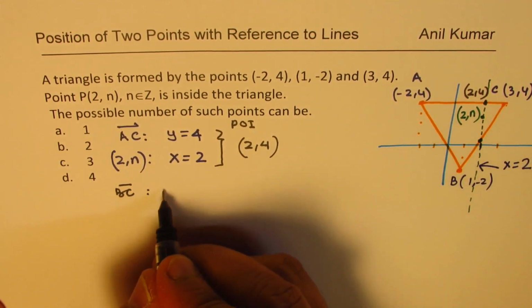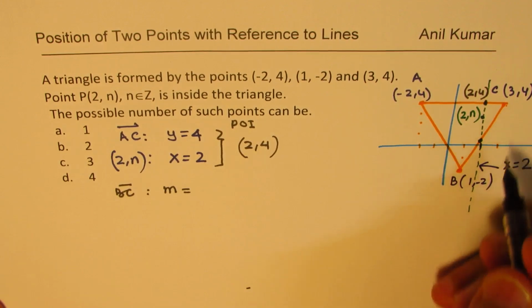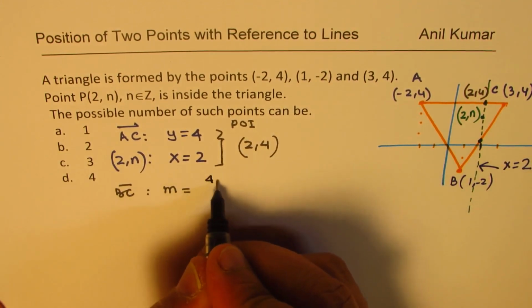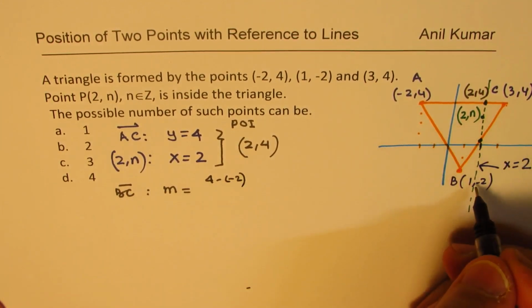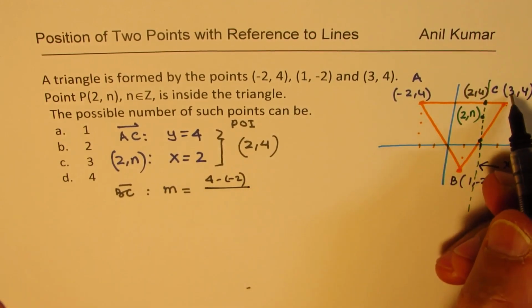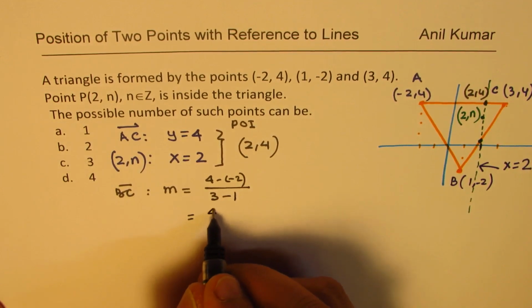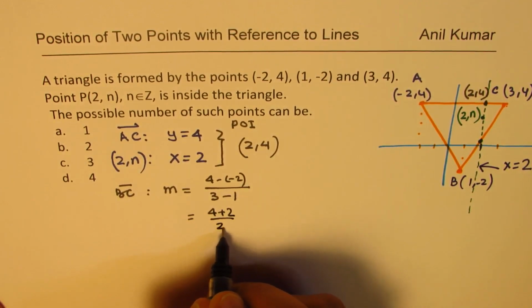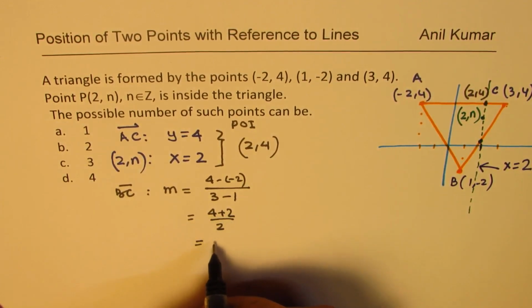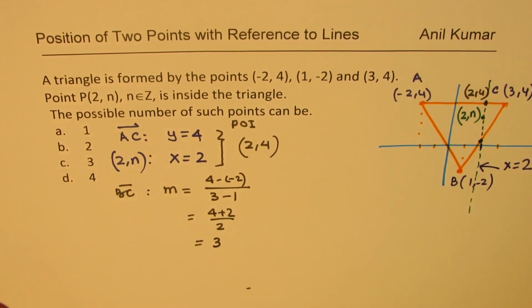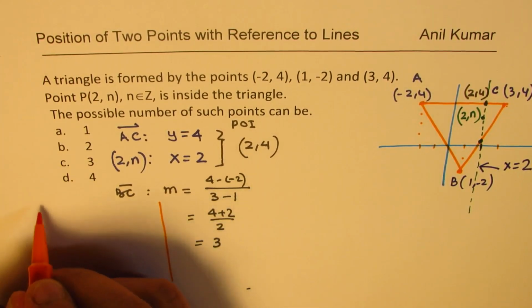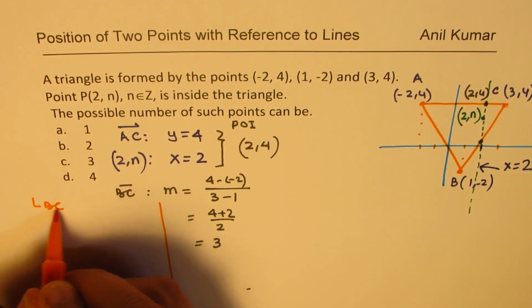Now, line BC, let's first find the slope m, which is going to be y2 minus y1, 4 minus minus 2, divided by x2 minus x1, which is 3 minus 1. So that is 4 plus 2 over 2, and that gives you 6 divided by 2 as 3. So 3 is the slope. So the equation of line BC will be what?